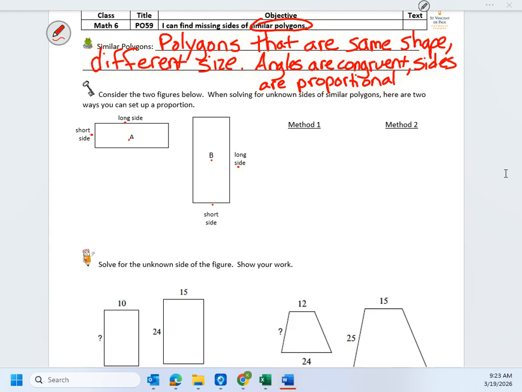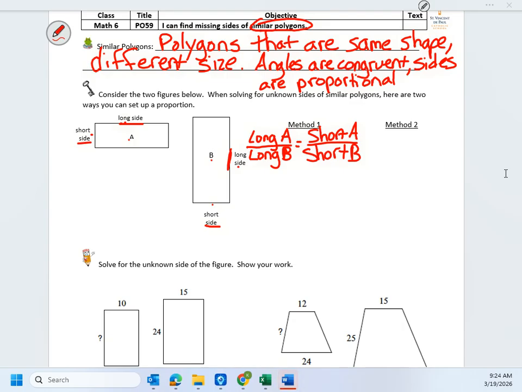So method one, we're going to put the long side of A over the long side of B. And that equals the short A over short B. So long A will go over the long B. Short A will go over the short B.